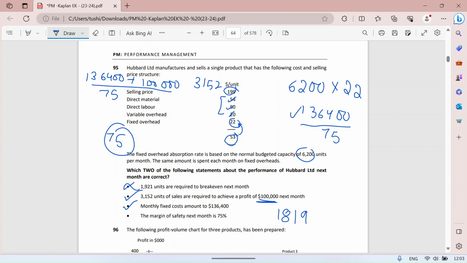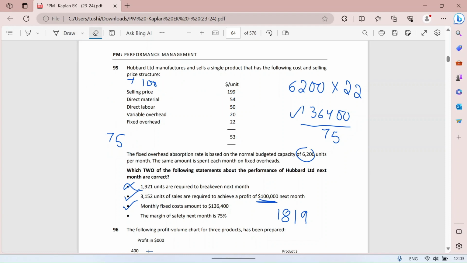If I erase some calculations to make space for my workings, my margin of safety will be 6200 minus how many units I needed to break even, 1819, so minus 1819, and divide this again by my budgeted sales, which is 6200.